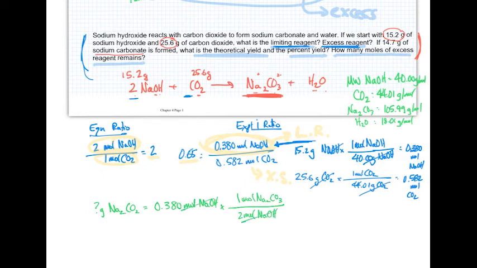Where does that come from? It comes from the balanced equation, times, now I need to use the molar mass of sodium carbonate, which is 105.99 grams Na2CO3 for every 1 mole Na2CO3. That guy's going to cancel that guy, and that will equal 20.1 grams Na2CO3.